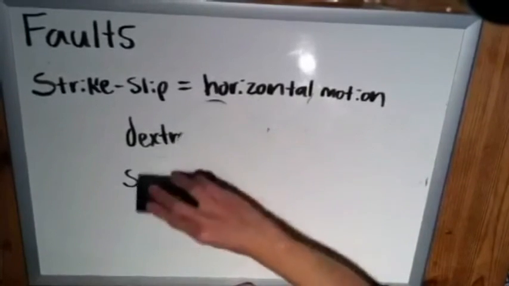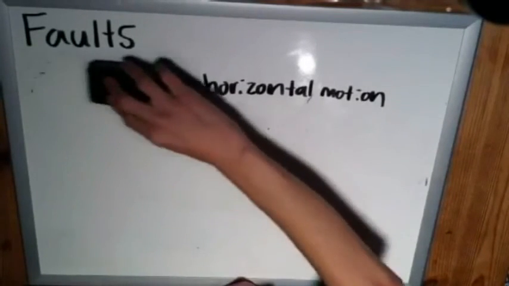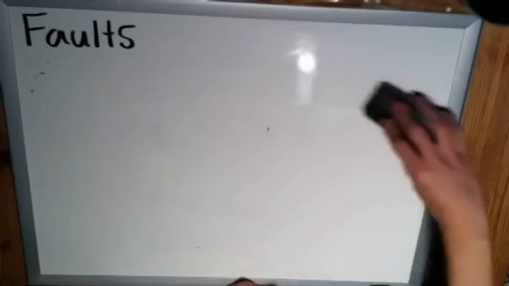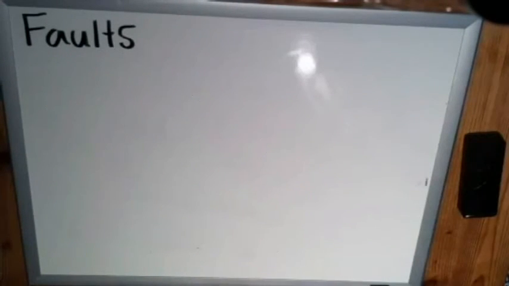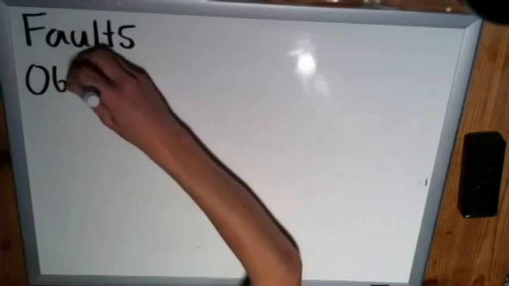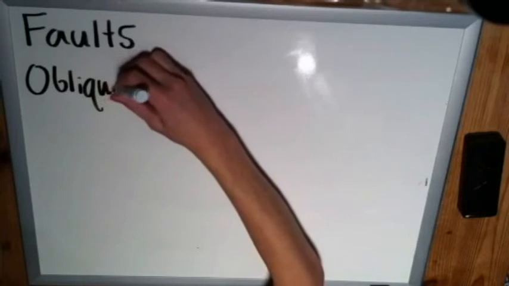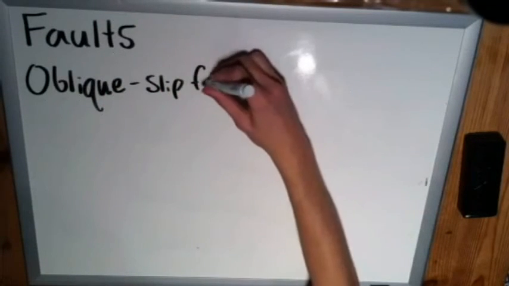Which finally brings us to our final type of fault here. And it's a pretty interesting one, but once you understand the previous two, it's not too bad. It is an oblique slip fault.